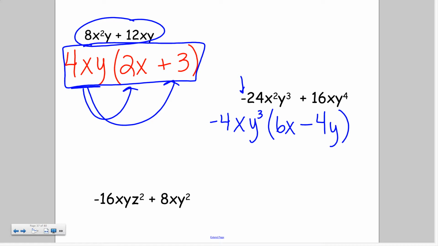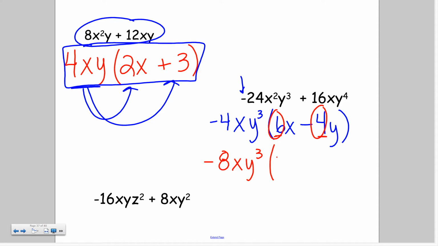Now if you get to that point and you notice 6 and 4, I can still take something out, so that negative 4xy cubed is not my greatest common factor. So I'm going to take out a 2 from 6 and 4. So essentially, I've already taken out a 4, I'm going to take out 2 more. So basically, I'm taking out a negative 8 from both of them.